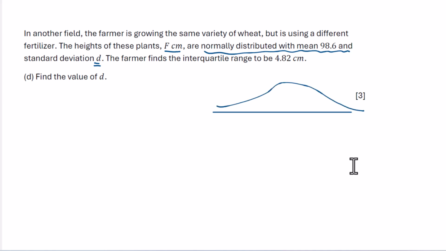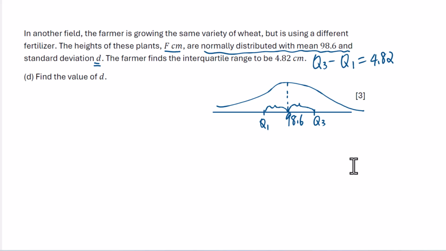Let's sketch this normal distribution, bell curve. Remember, this is symmetric about the mean 98.6. Q3 minus Q1 equals 4.82. Q1, Q3 are symmetric about 98.6.